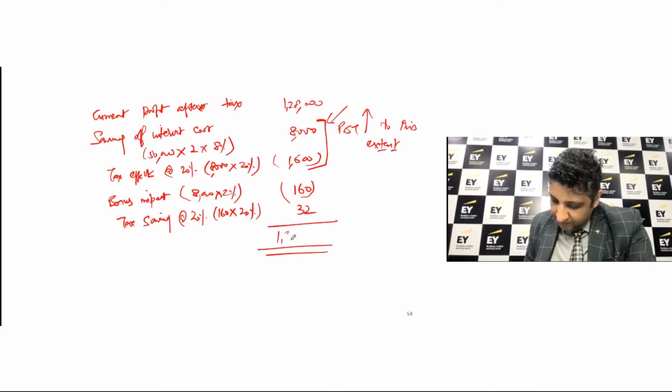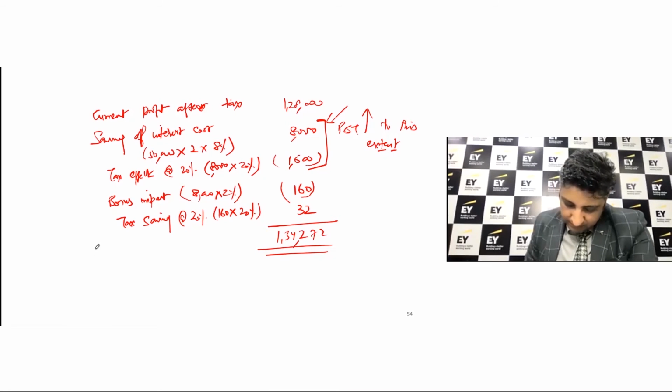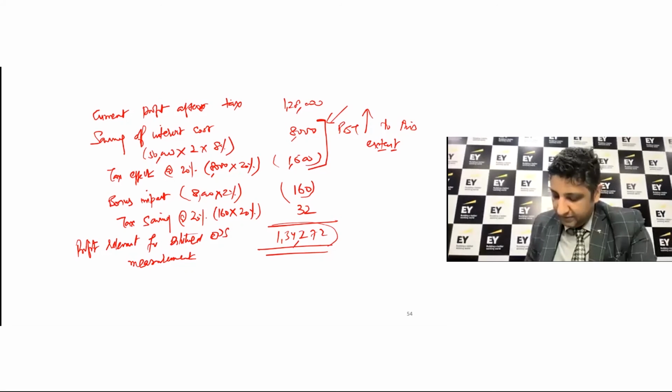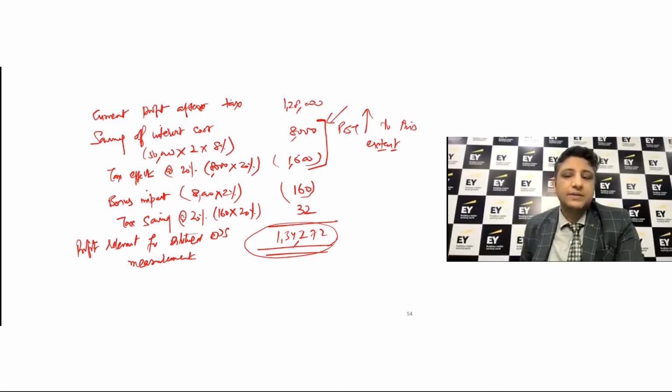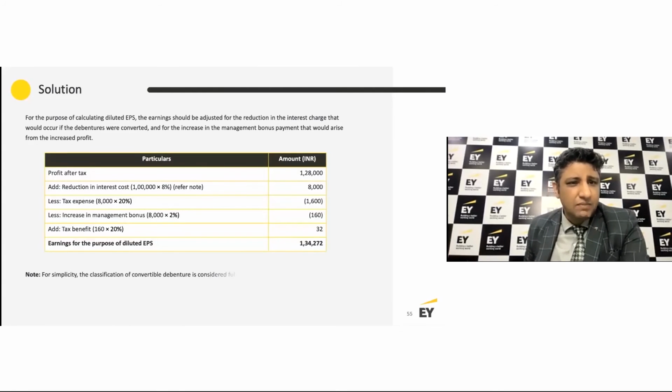So the profit relevant for the diluted EPS measurement will be 1,34,272. Okay, let's have a look at the formal solution.